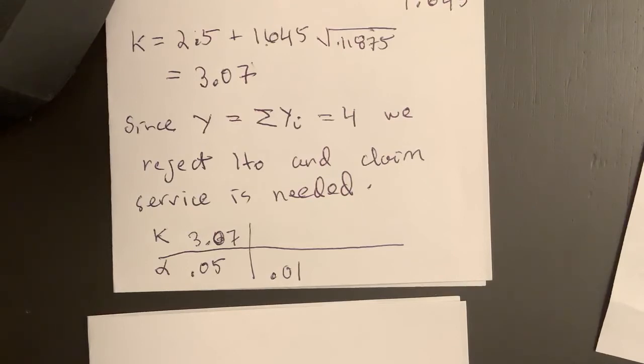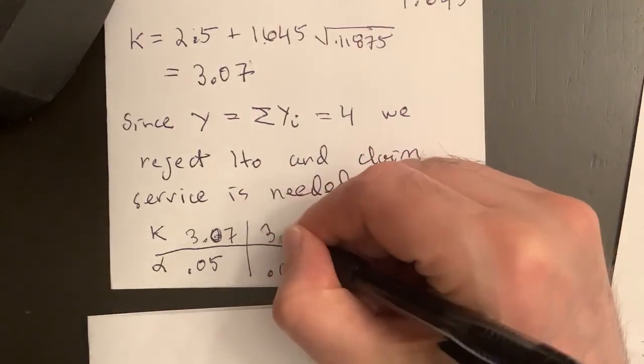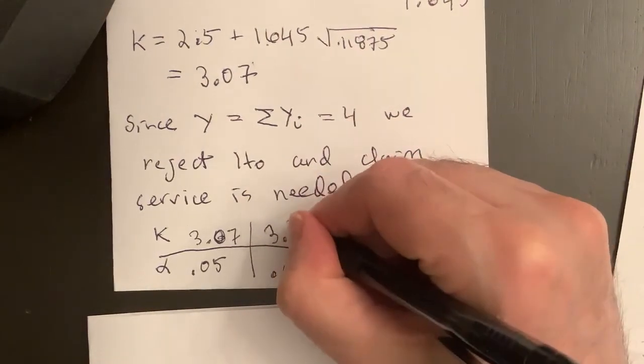So we get k equals 2.5 plus 2.33 times square root of 0.11875. I get 3.3. So still, I reject here, so I get 3.3.